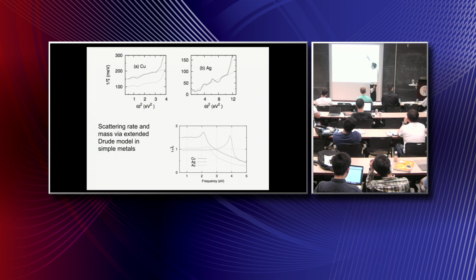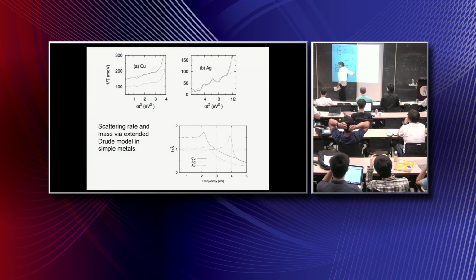Okay? The imaginary part of 1 over sigma and the real part of 1 over sigma also have a Kramers-Kronig relation that relates them. So if I know the imaginary part of 1 over sigma over all frequencies, I can get out the real part of 1 over sigma at all frequencies.